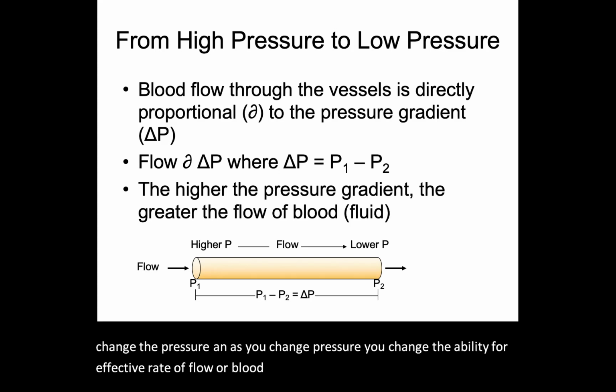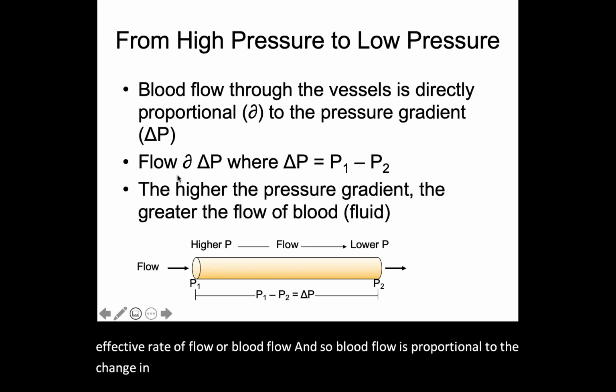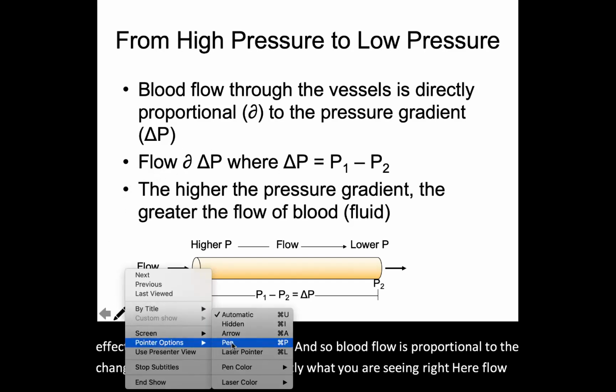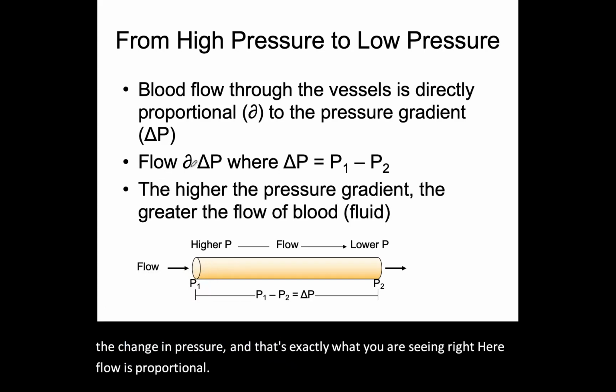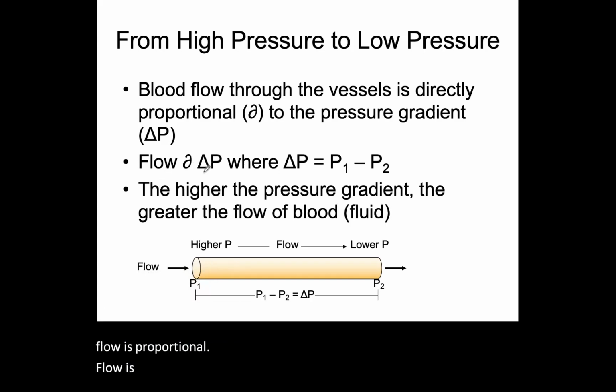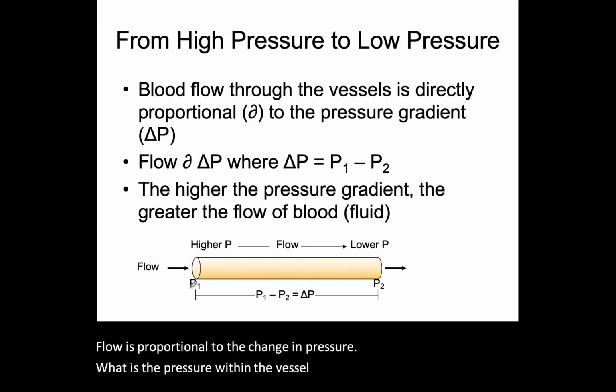And so blood flow is proportional to the change in pressure. And that's exactly what you are seeing right here. Flow is proportional to the change in pressure. All right. So what is the pressure within the vessel at the initial?